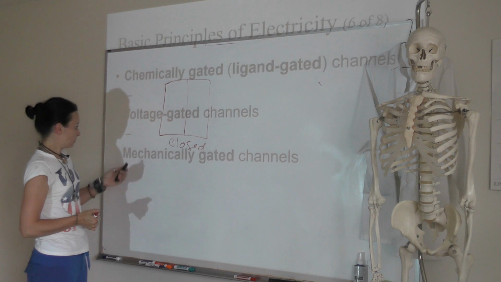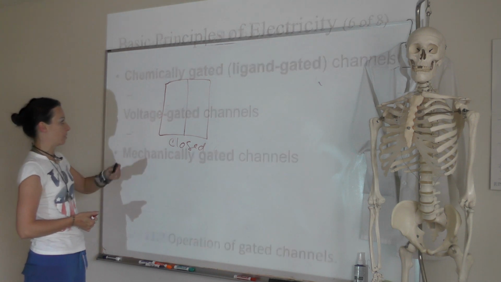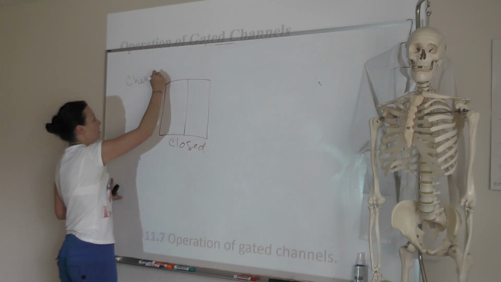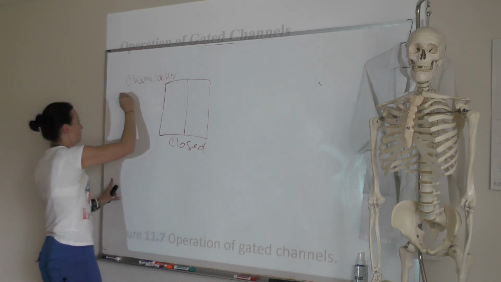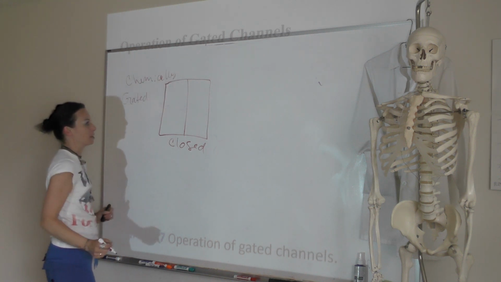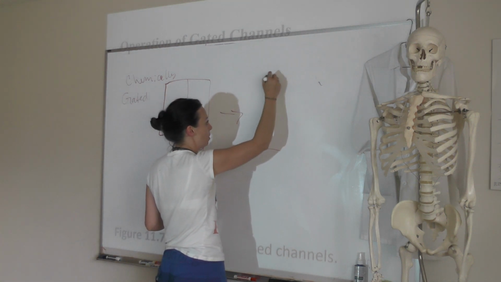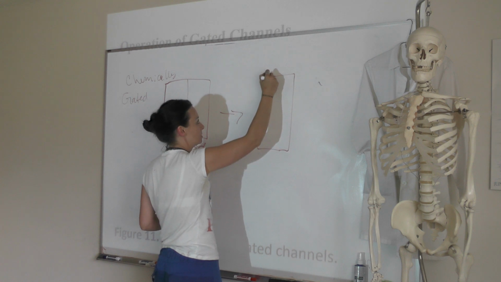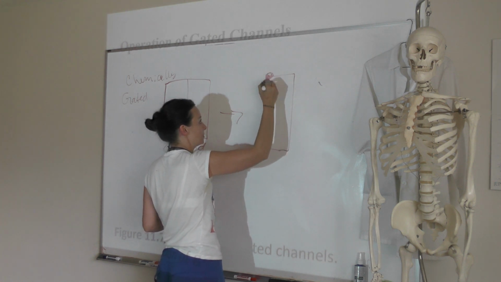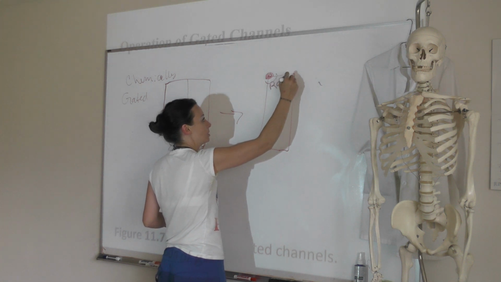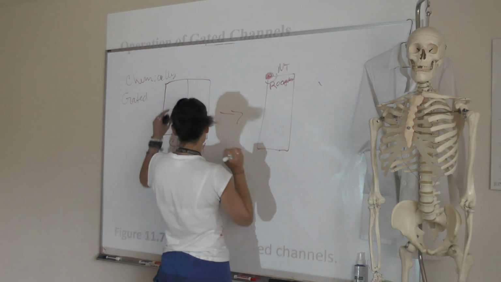And then our chemically gated channels are going to be able to open when a chemical binds. The chemicals that we're going to be talking about right now are neurotransmitters. So in this type of channel, a neurotransmitter will bind its receptor. There will be some receptor here for the neurotransmitter on this channel.